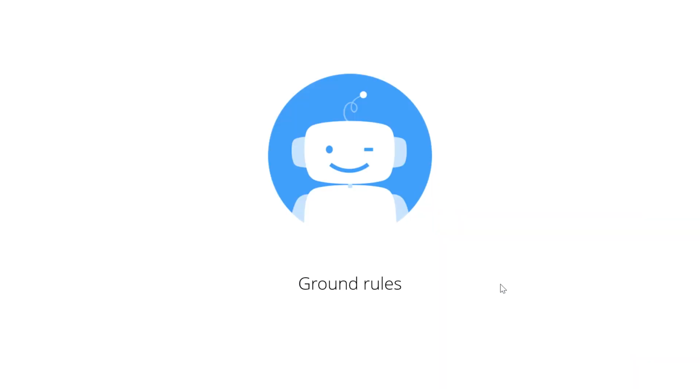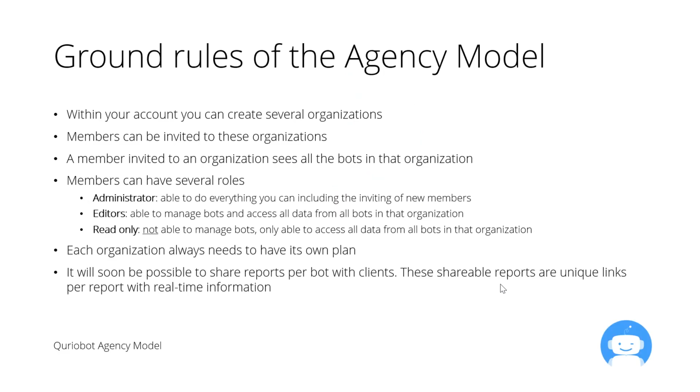The ground rules for this agency model are as follows, and it's a long text, but I'll just guide you through. So as I just described, within your account, you can create several organizations to which members can be invited. If a member is invited to an organization, they will see all bots that are created within that organization.